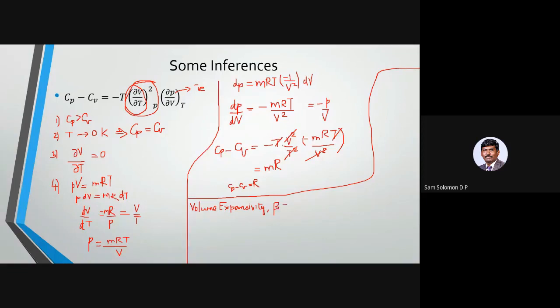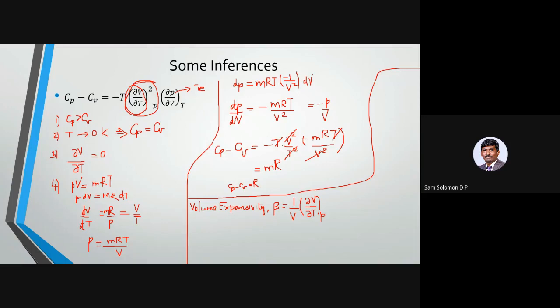And I'm defining this as 1 by V partial V by partial T at constant P. So I define volume expansivity beta as 1 by V partial V by partial T at constant P.